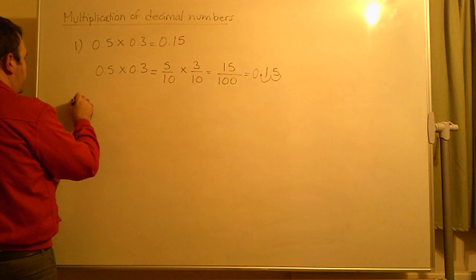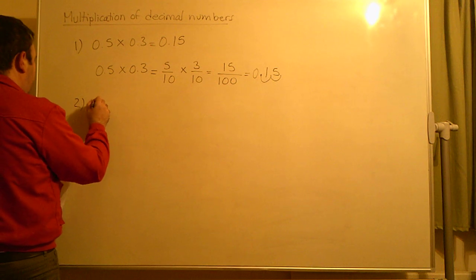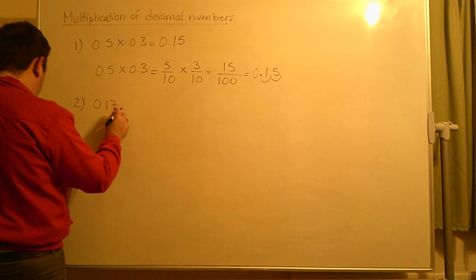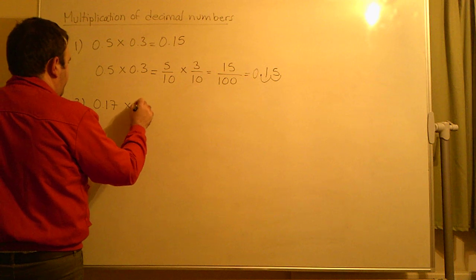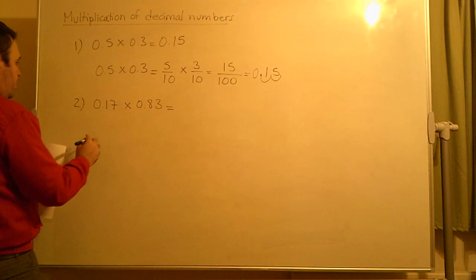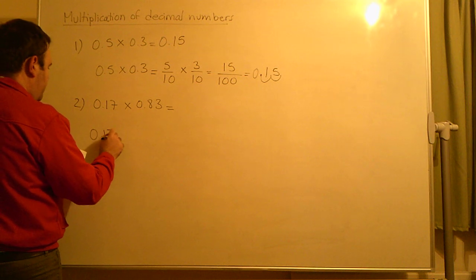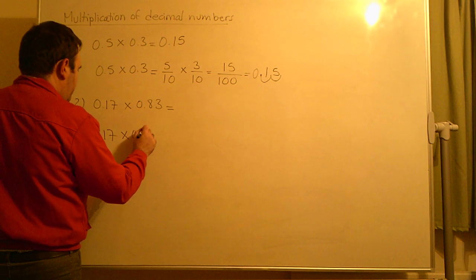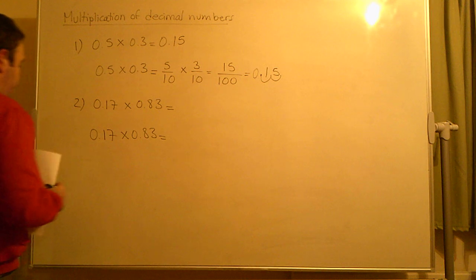Another example, number 2, 0.17 times 0.83. So we write it down here, 0.17 times 0.83.